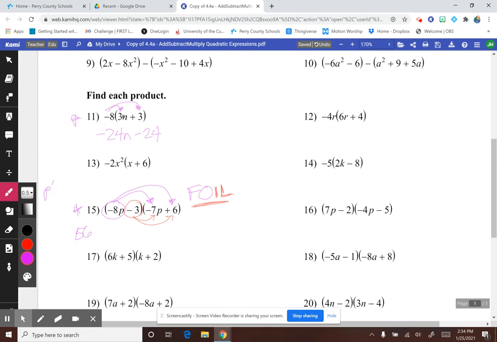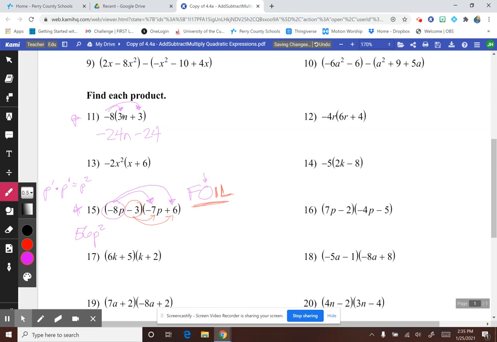I've got p to the first times p to the first. Well, what do you do when you multiply exponents? When you multiply exponents, you actually add them. So it would be p to the first plus p to the first, which would give me p squared. So you can kind of see where that p squared comes from right there. So 56p squared.